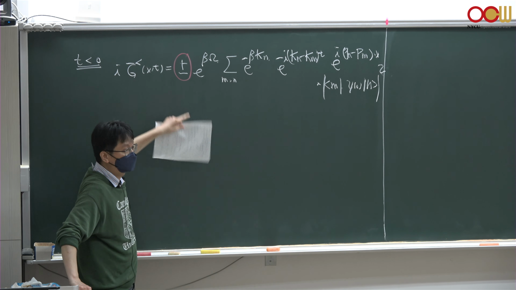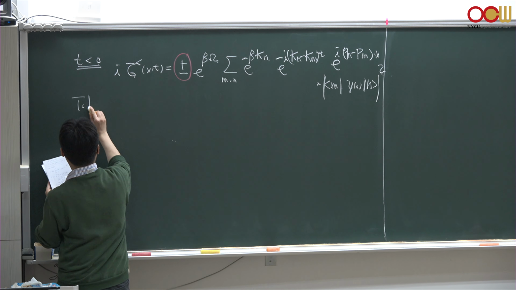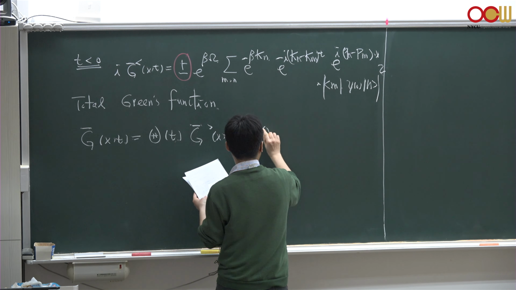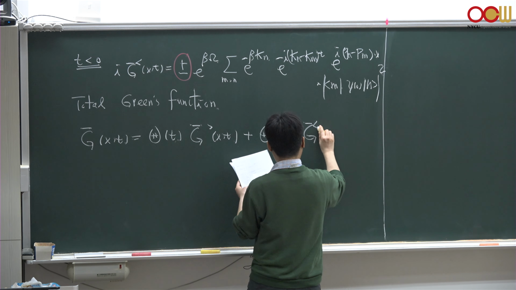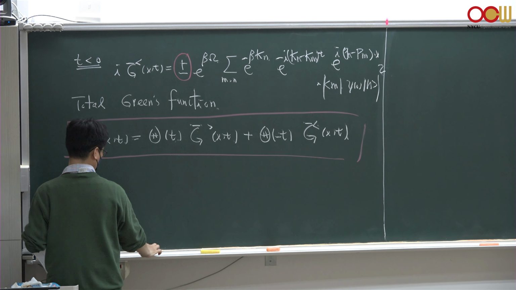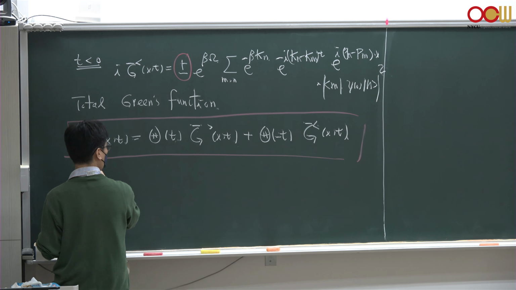So we can combine these two parts of this Green's function to get the total Green's function. And we can decompose this into G greater and G lesser Green's function, right? And so we can Fourier transform this to G k omega.